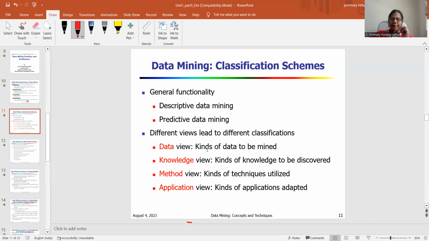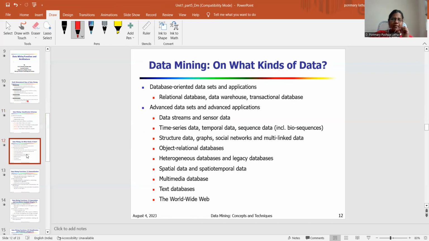There are different views for the classification: the kinds of data, the kinds of knowledge, then the method we are using, and the application, whether banking or finance. Now, data mining on what kind of data?